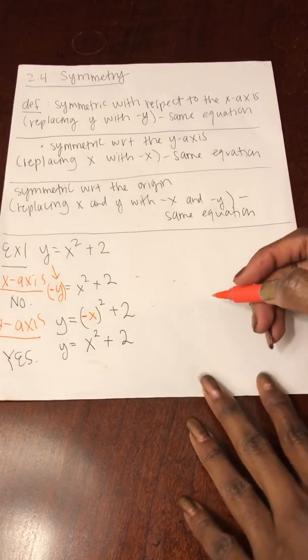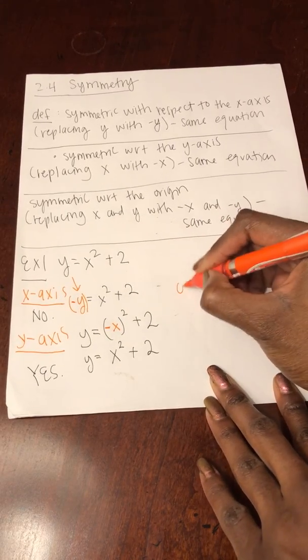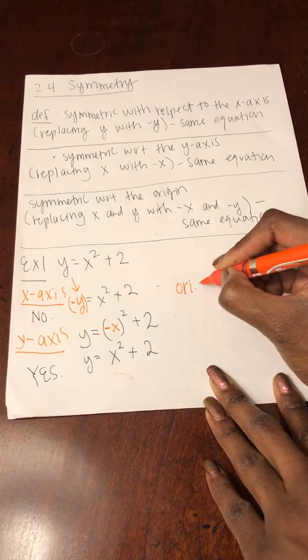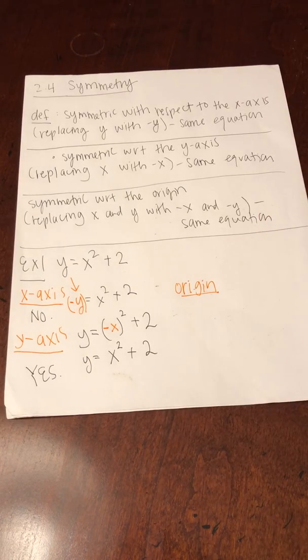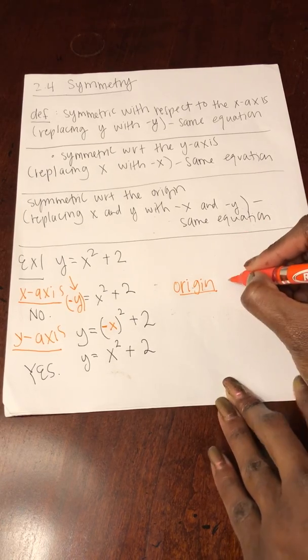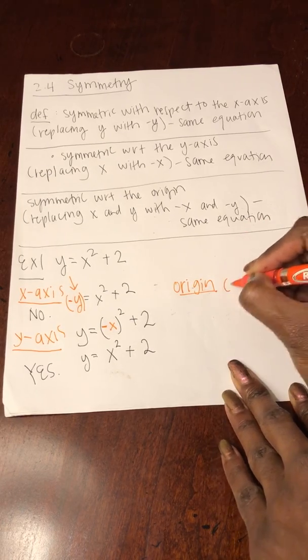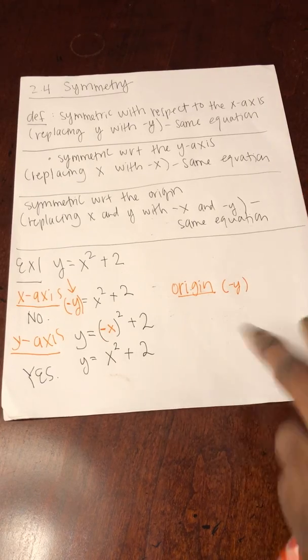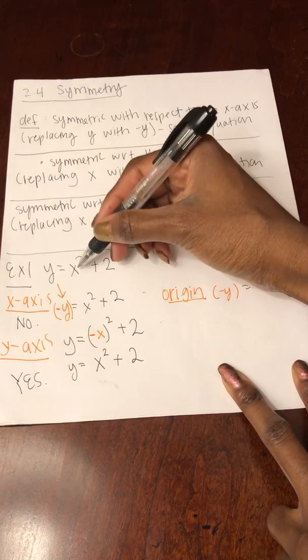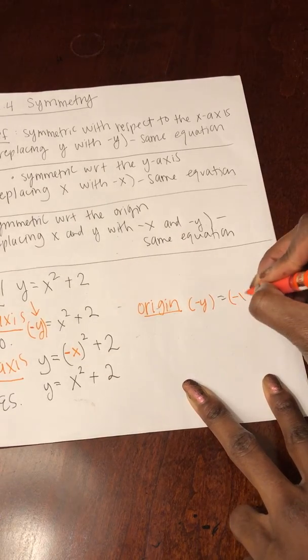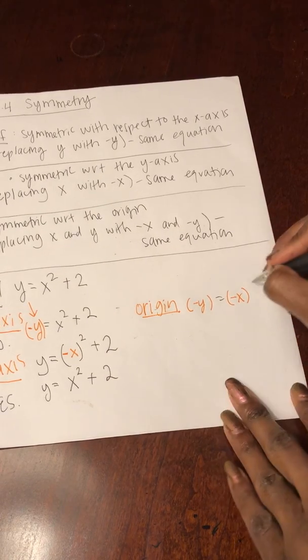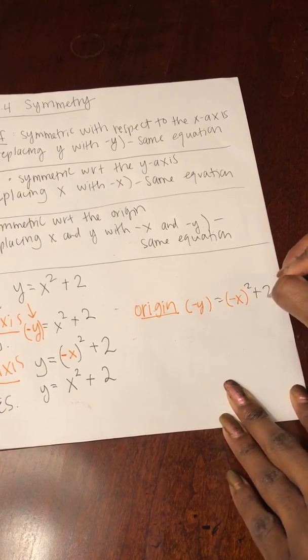And then last, we can check the origin. Okay, so for the origin, we change both the y and the x. So this first one's going to be negative y equal to, I'm going to change it to a negative x squared plus 2, okay?